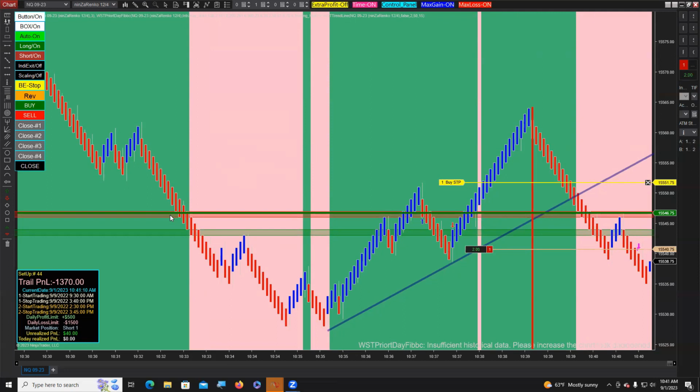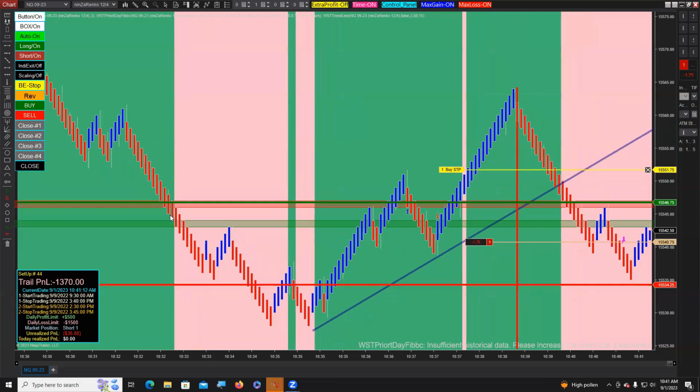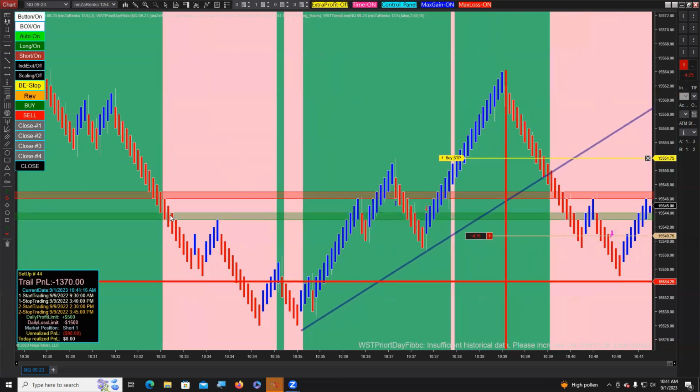I found, for me, it made a bit more sense, and it seems to be maybe a bit more consistent. It's able to recover from losses fairly well, and I definitely kept the trailing stop being based on a breakout level. So that's what you see here.